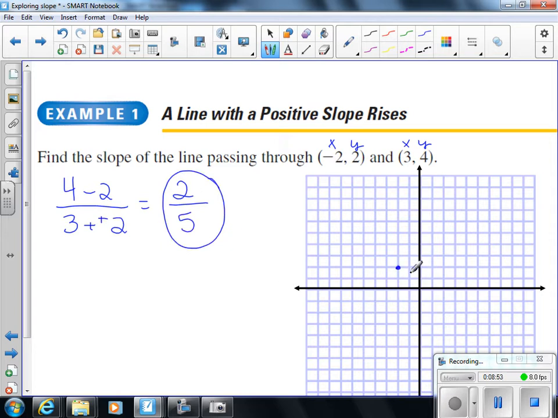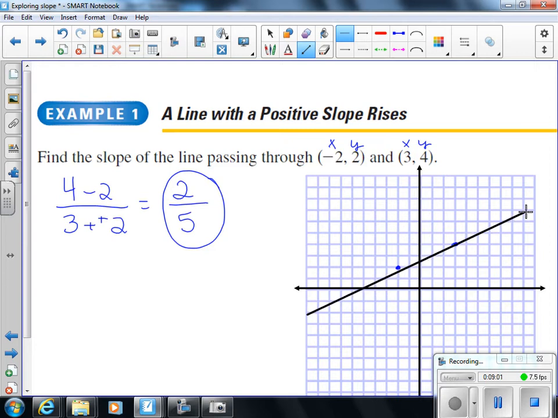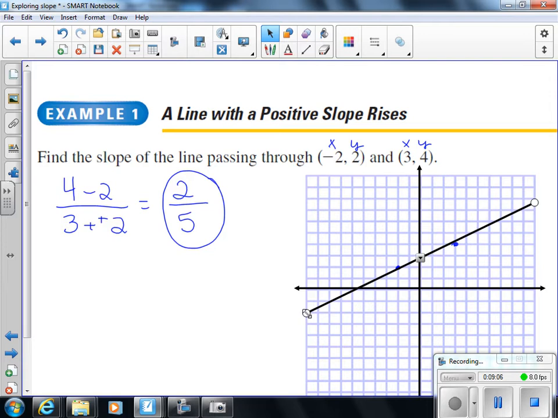You've got a negative 2, 2, and a 3, 4. Okay, that's pretty close.